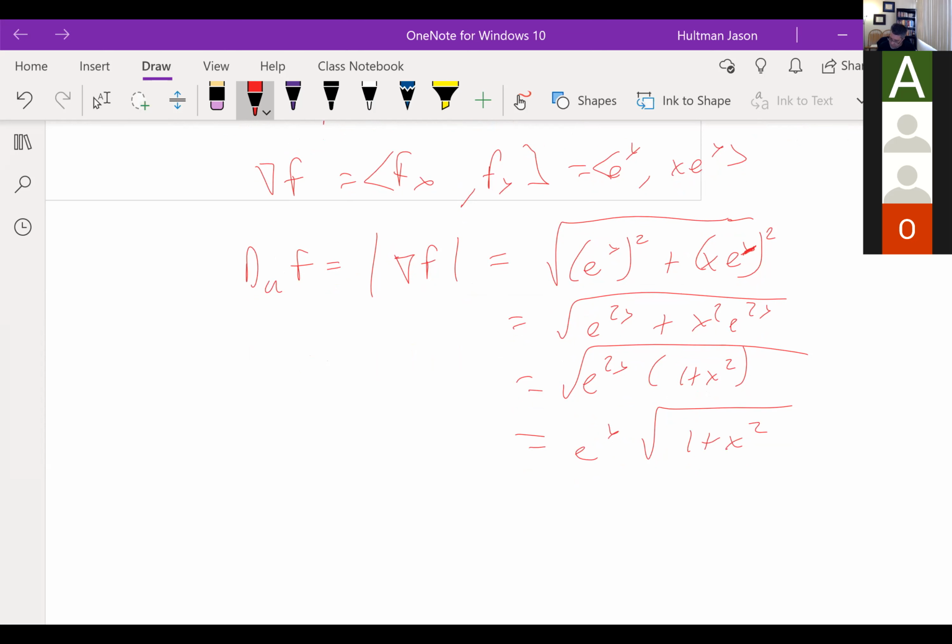Okay. And we want to evaluate this at the point (2, 0), right? So this is the max derivative.